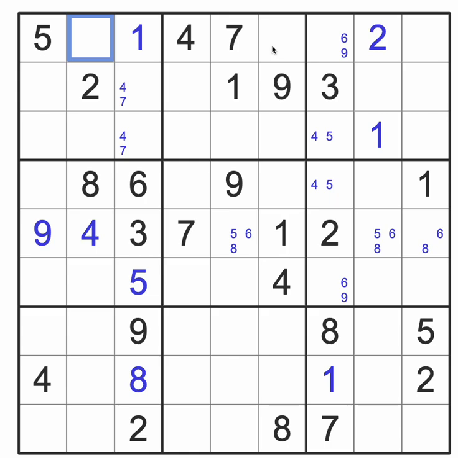So on row 1, there's only one cell that's not blocked by 8. This cell in box 1 is blocked by 8 in box 4, so this is not 8.